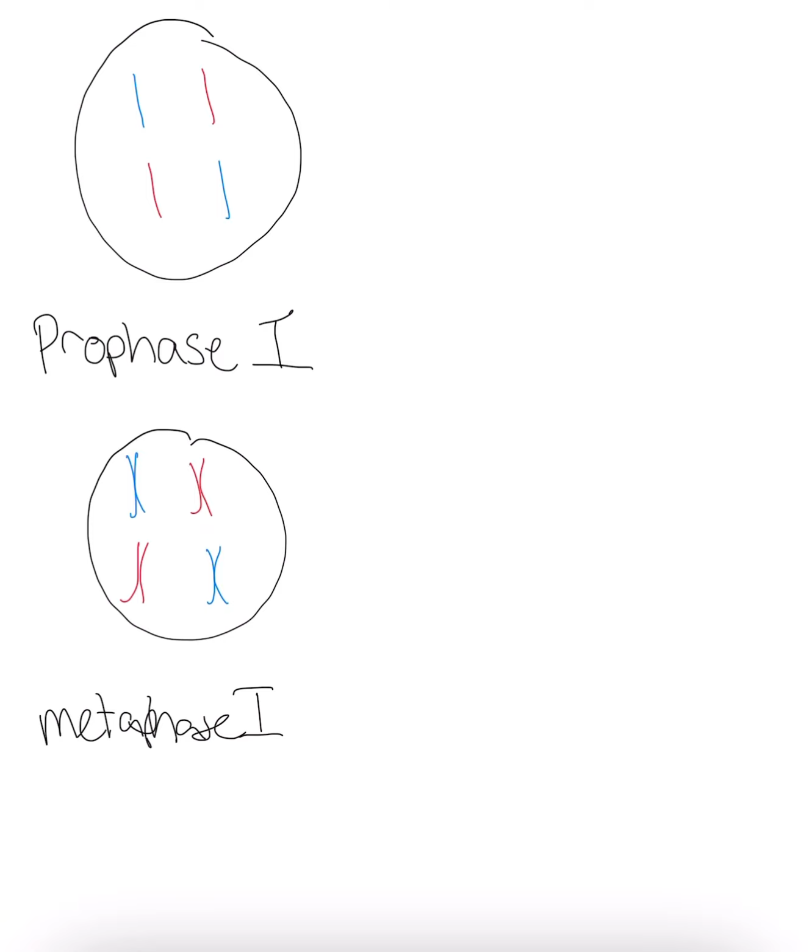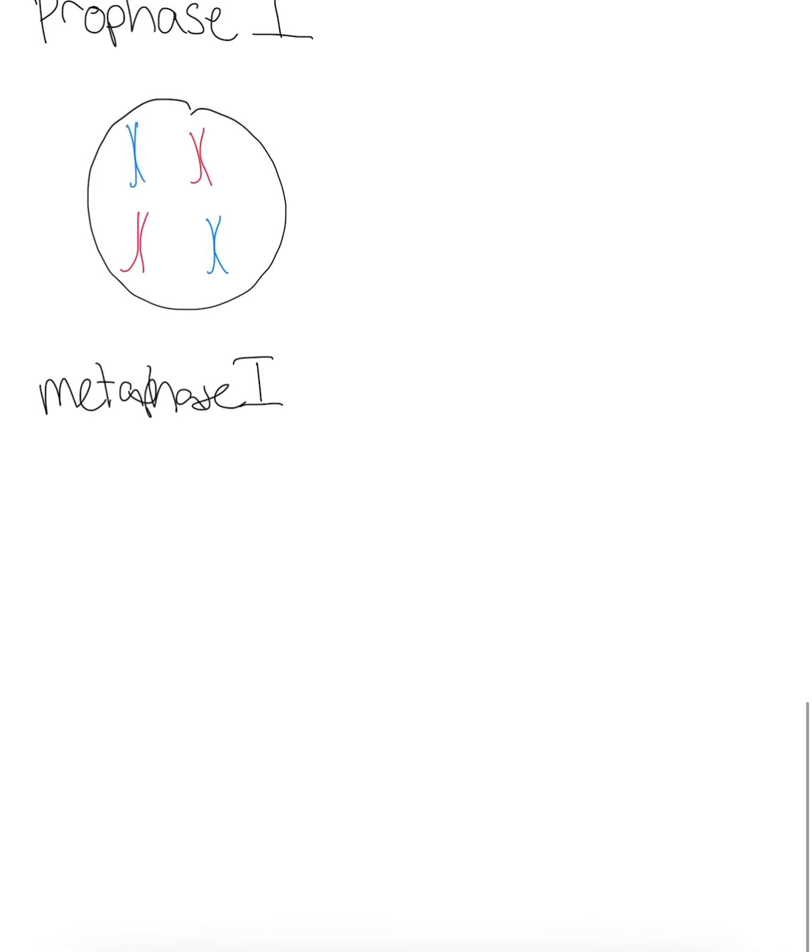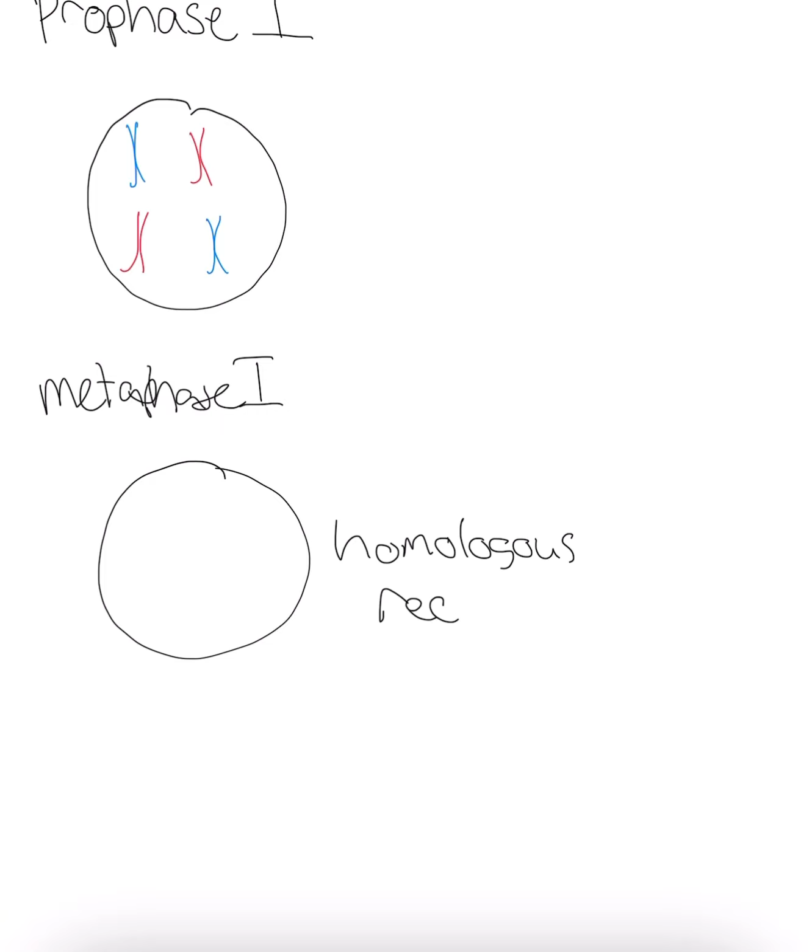this is a unique feature for meiosis that you don't see in mitosis. It's called homologous recombination. And in homologous recombination, these sister chromatids, they get together.